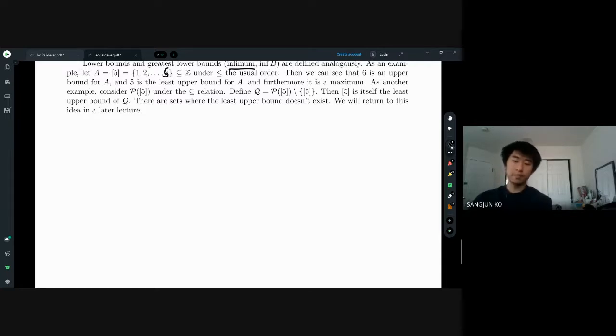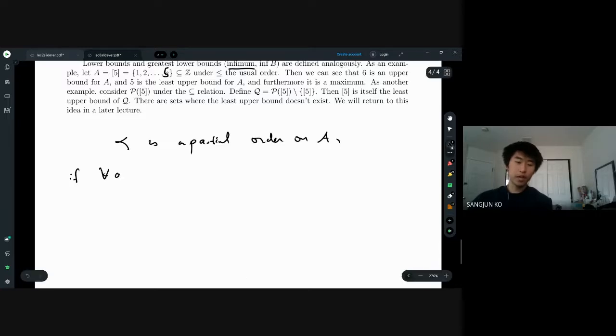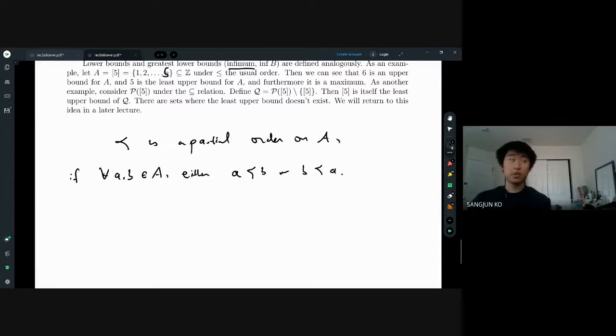Let's say this is a partial order on A. That's not supposed to be a curly A, that's a regular A. We say it has the comparability property if for all a and b in A, either a prec b or b prec a. And if you have this, then we say it is a total order or a linear order.